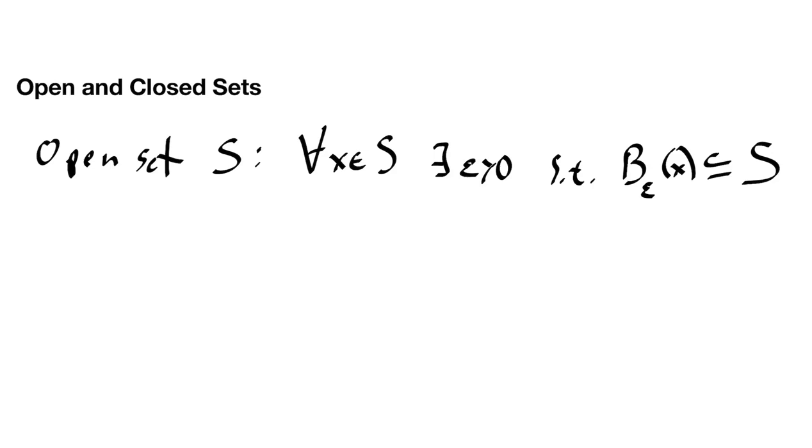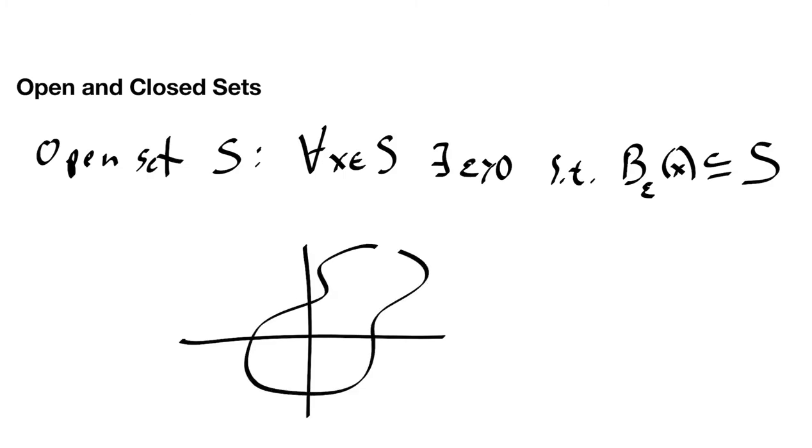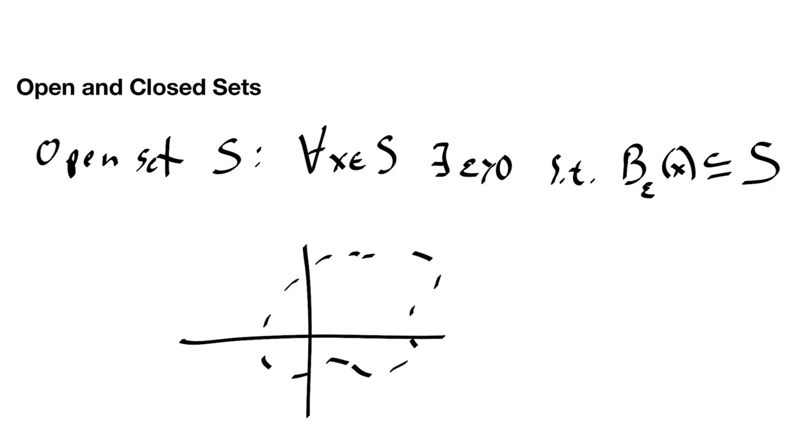We have some set S, let's draw it with dotted lines to demonstrate what's going on. Then you take some X value in here, and you can make a ball around it that's still inside of your set. So that's what it means to be an open set.